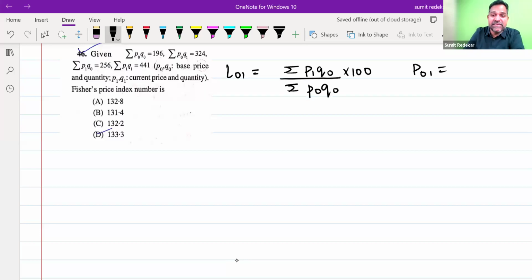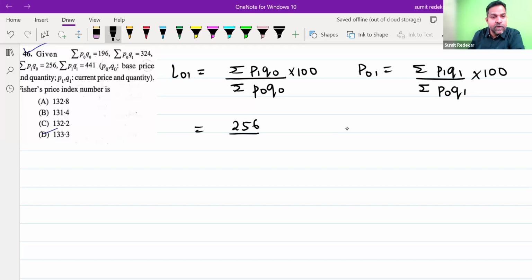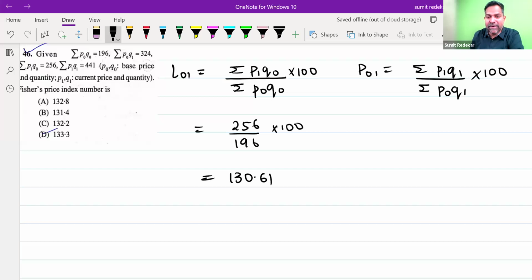That is P1Q0 is 256, P0Q0 is 196, into 100, which is 256 divided by 196, multiplied by 100, which is 130.61. If you want to, you can add that to memory.